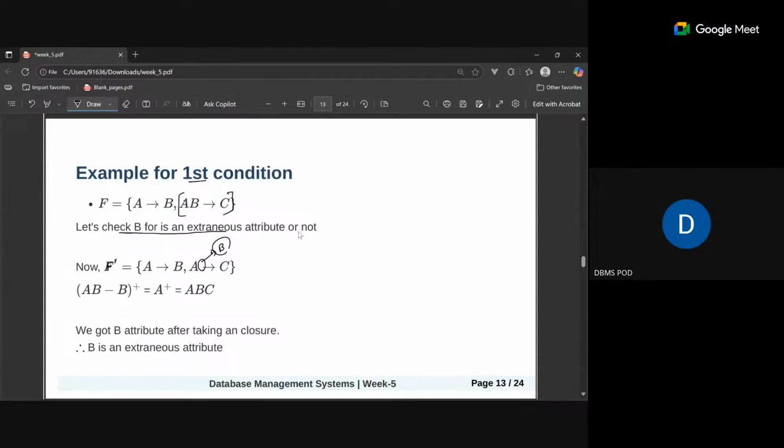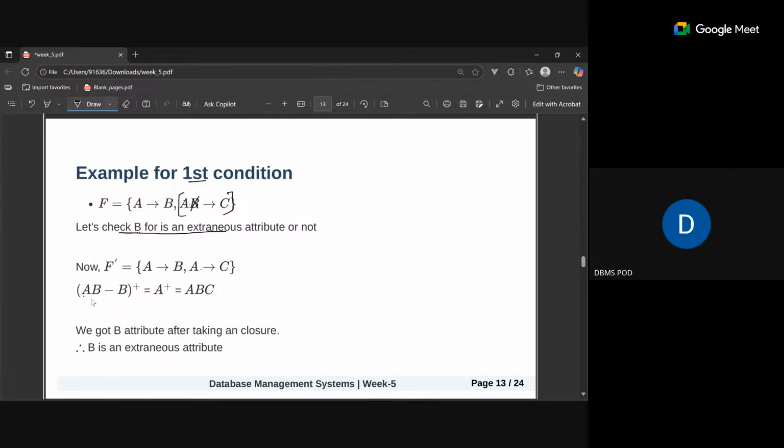Whatever attribute you are going to check, you remove it and rewrite the functional dependency. I'm just removing this B from here, because only this B I'm checking, not the B in the whole functional dependency set. So I rewrite it as F dash.